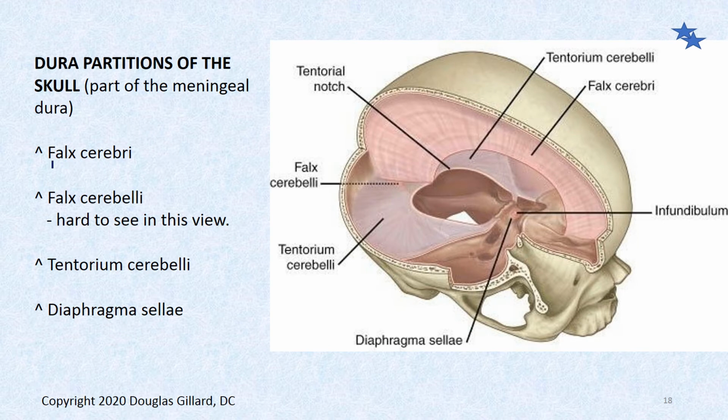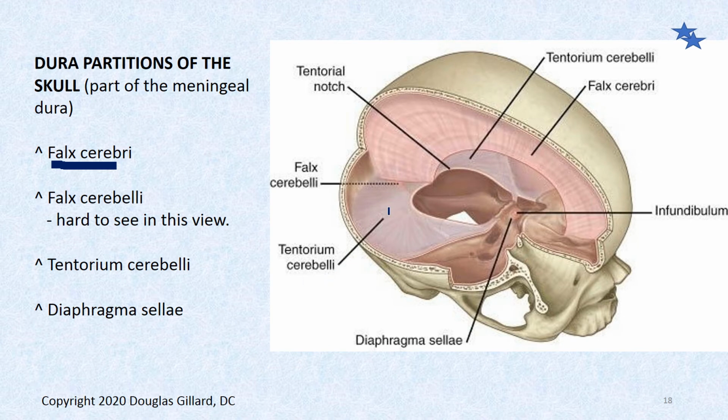So you'll see these next quarter, but you have the falx cerebri. It's like a gigantic shark fin right here, separates the right and left hemispheres. Then you have the cerebellum is underneath this tent thing, so it would be right underneath here, and therefore it's called the tentorium cerebelli.